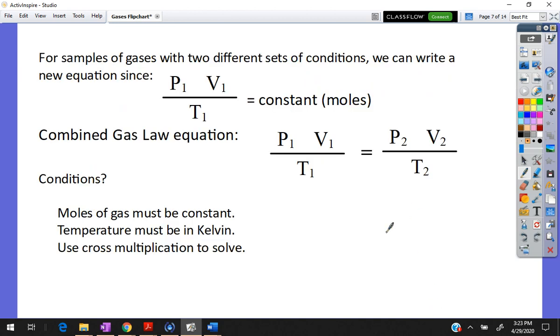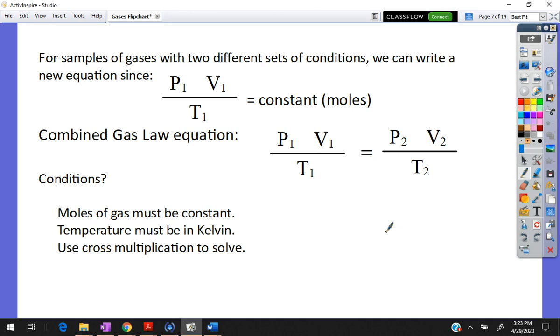Since P1 times V1 over T1 is equal to a constant, we can then have a set of initial conditions set equal to a new set of conditions. The combined gas law is P1 times V1 over T1 equal to P2 times V2 over T2.